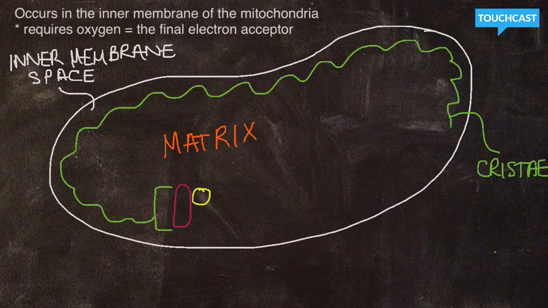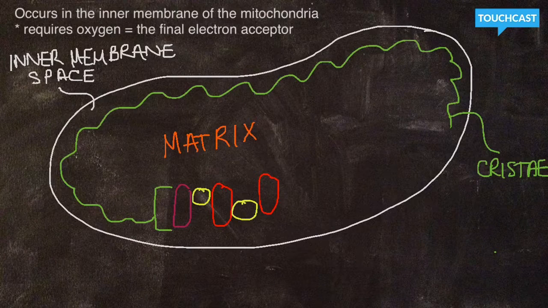The other ones are super generic. We really don't need to know their names at all. They're going to be involved in moving electrons and exciting the electrons so that they can pump hydrogens across the membrane.